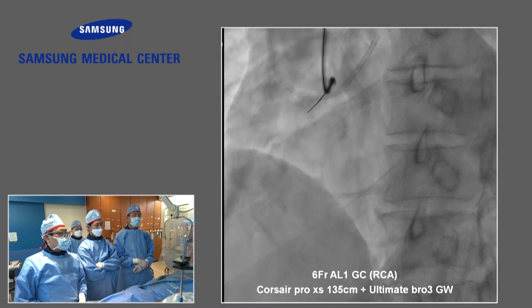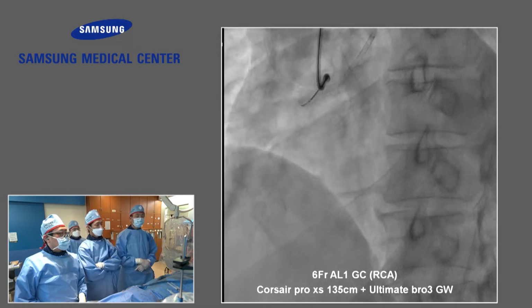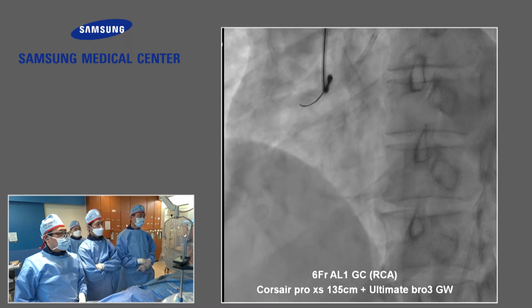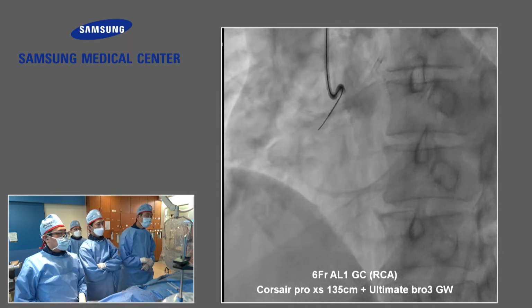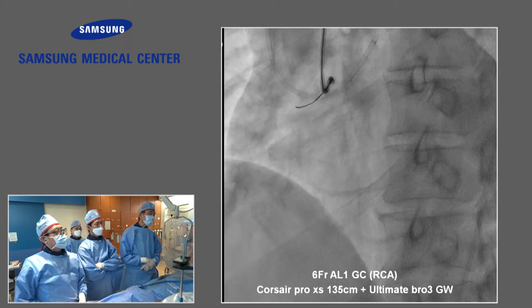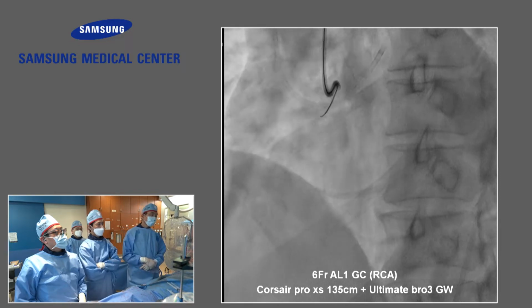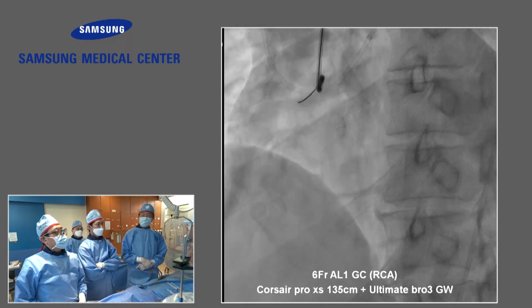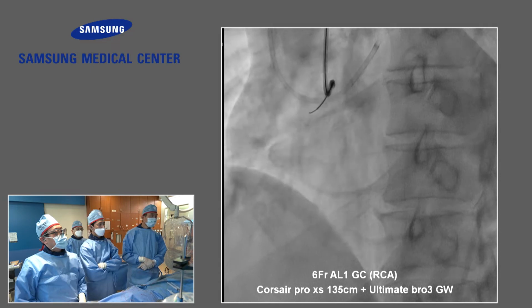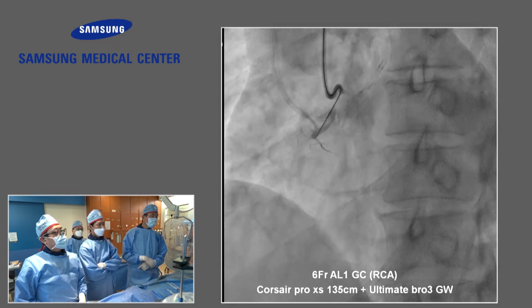Actually, the guiding backup was poor because of the right angle alignment. But fortunately, there is no calcification noted through the coronary artery. So this is a good thing. Did the microcatheter get into the CTO region? Not yet.